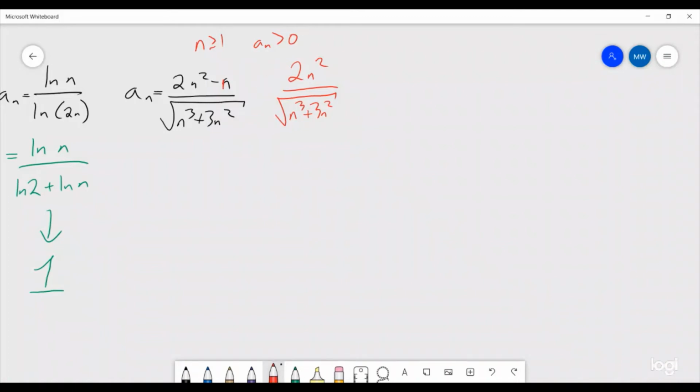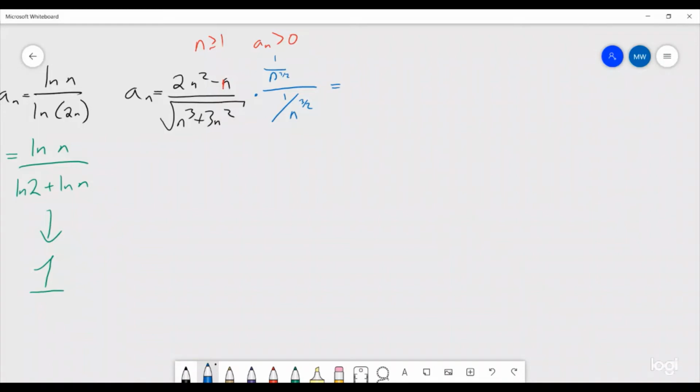So that is less than that, which is not something that's going to be helpful for us. So instead of doing that, we are going to multiply the top and bottom by the largest denominator. So this is going to be multiplied by 1 over n to the 3 halves, all over 1 over n to the 3 halves.